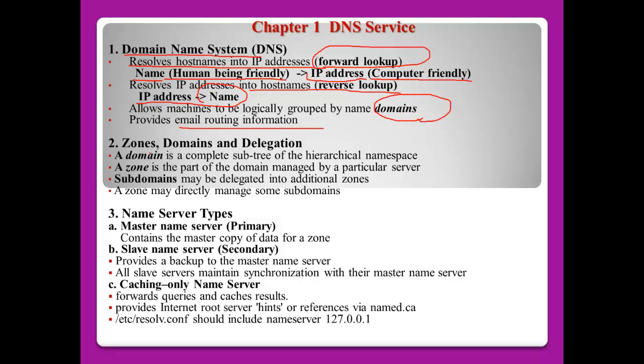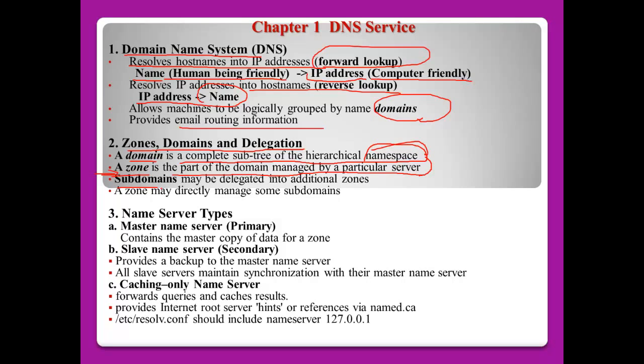In the DNS service, there are many kinds of terms we have to know. Here, there are 3 kinds: zones, domains, and delegation. Domain means a complete subtree of the hierarchical namespace, normally just a namespace. And a zone is the part of the domain managed by a particular server. So in the server, normally we call a domain a zone.